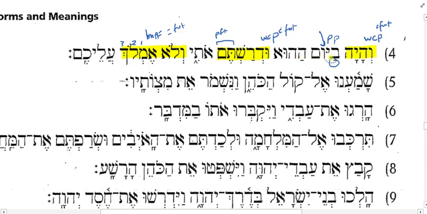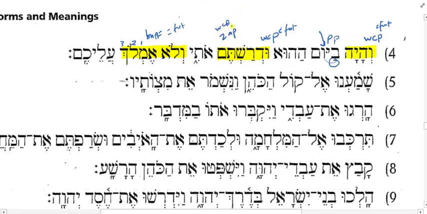So the day, that is in or on that day, future time frame, in or on that day, what will happen? U darashtem. Now remember, when we do this, we're not going to translate the vav. We're just going to translate darashtem as future. Now, what is the person, gender, and number of the ending tem? It's 2MP.